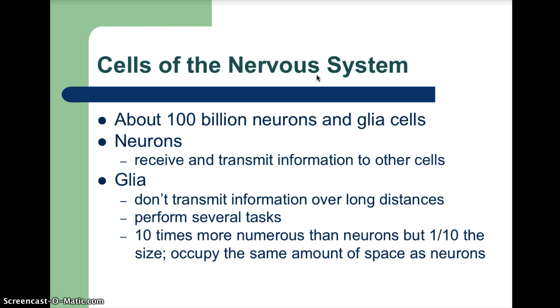So they're pretty important. They're about 10 times more numerous than neurons, but about 1/10 of the size. And remember, these are all on the microscopic level. Neurons in humans, you can't see them with the naked eye.